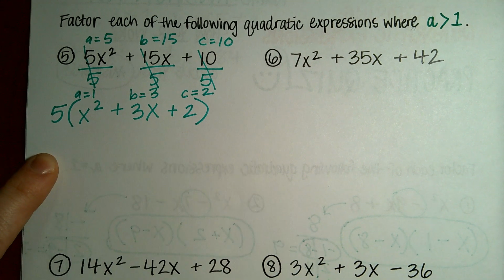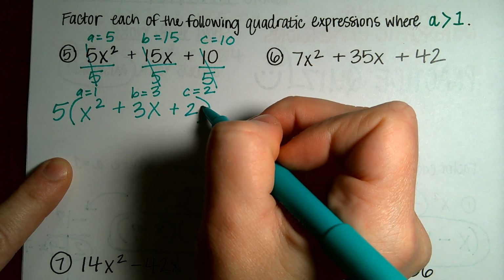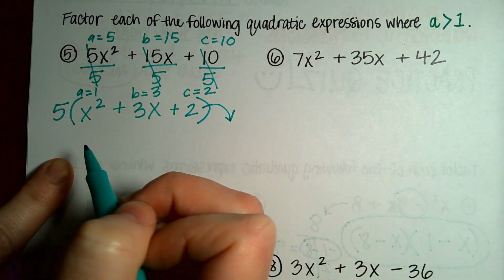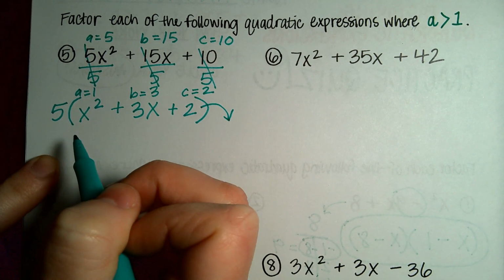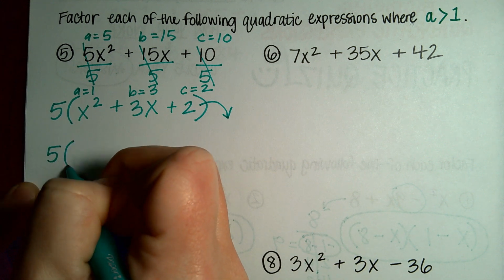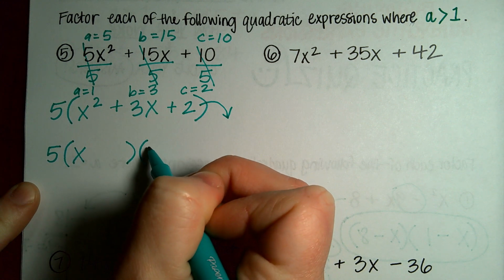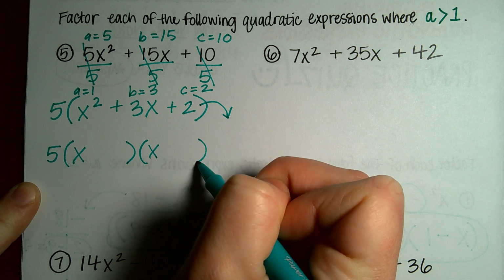So what would I do from here? Factors of 2, exactly. And what's my answer going to look like before I find those factors? 5 on the outside, then x, and then x, plus and plus. Yeah, x plus or minus something times x plus or minus something.